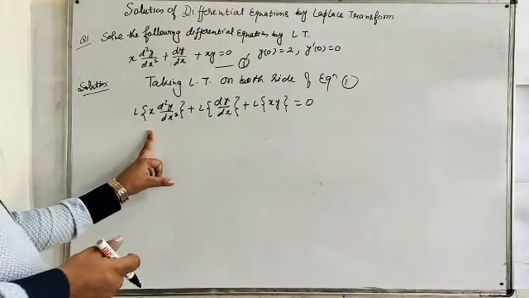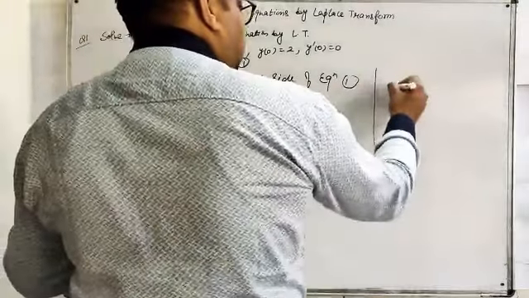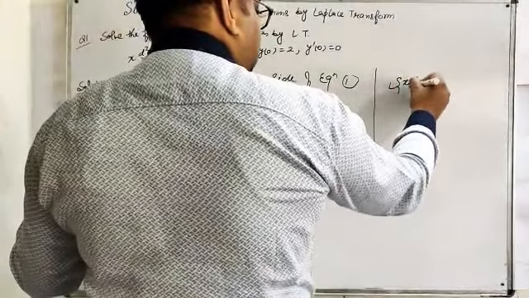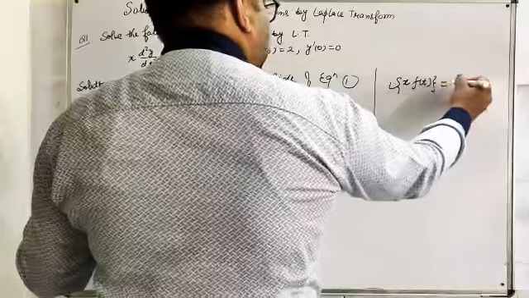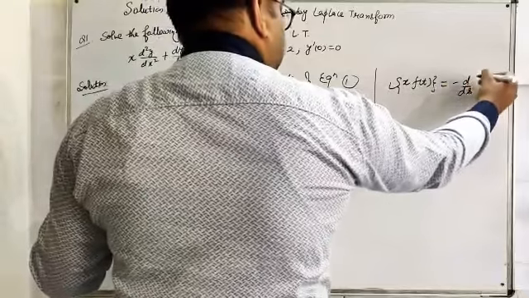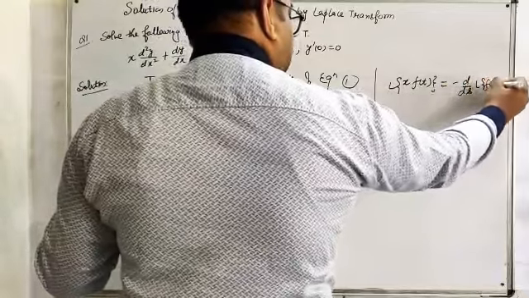For x d2y over dx square, Laplace of x into f(t) equals minus d upon ds Laplace of f(t).